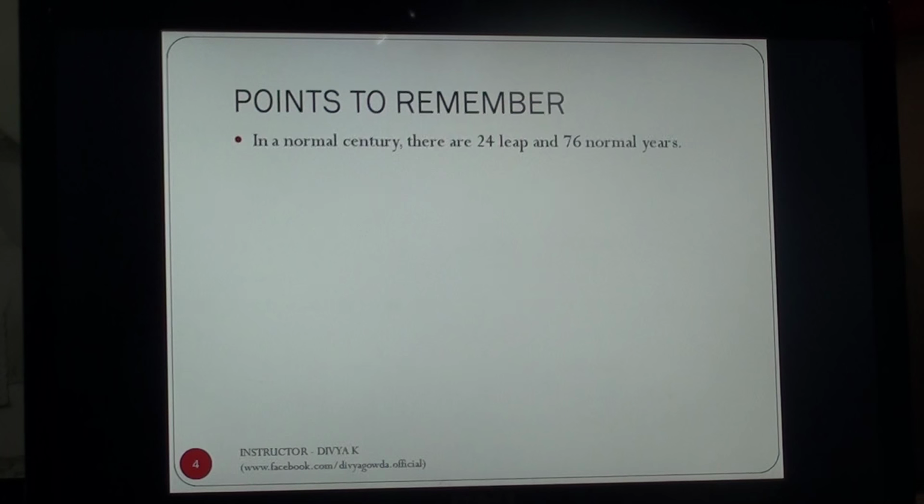Let us see. In a normal century, that is for 100 years, there will be 24 leap years and 76 normal years. Some of you might be getting a question why it is 24 leap years and why it is not 25. I'll answer your question in a while. Anyway, assume that it will be 24 leap years and 76 normal years.